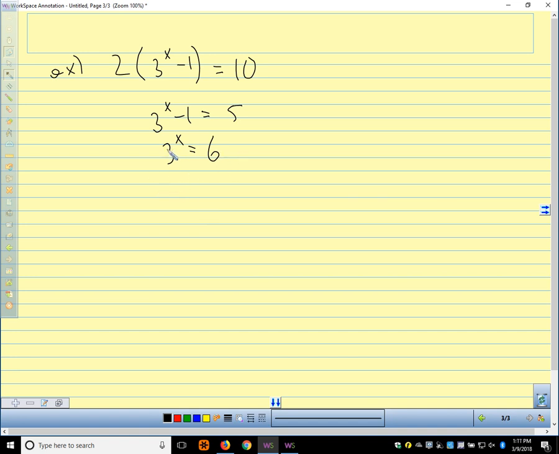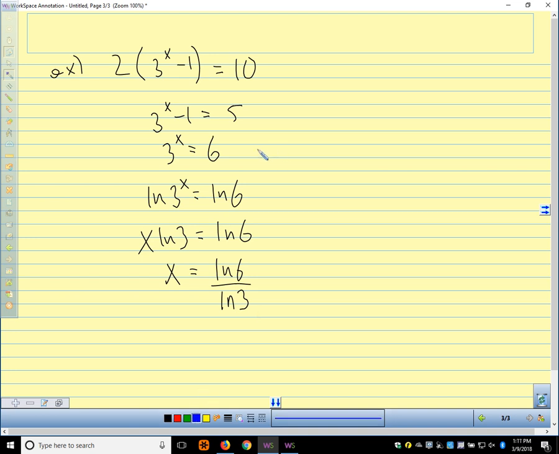So this looks like our first one now, just with different numbers. Use properties of logarithms here. And I get x ln 3 = ln 6, and x = ln 6 / ln 3.